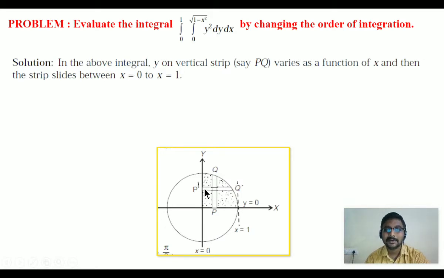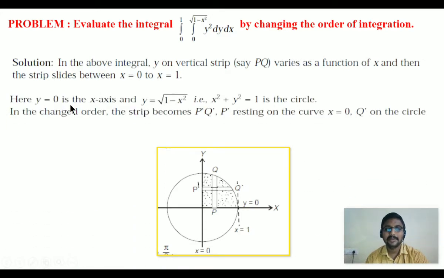The new strip is drawn opposite to the old strip, that is, the old strip PQ is vertical but the new strip is considered horizontal, that is, parallel to the x-axis. With respect to the new strip we have to consider the new limits. Whenever we change the limits, the order can be changed.